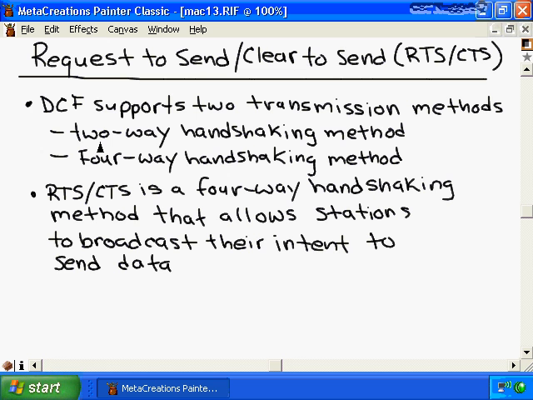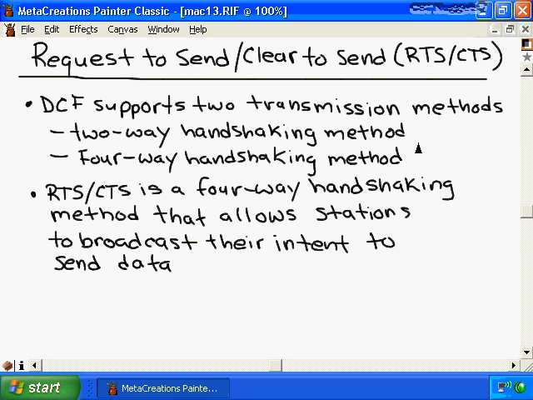Now, we've just learned about the 2-way handshaking method, which is the process that the clients go through to gain access to the wireless medium and then wait for an acknowledgement to be sent back for the data that they had sent. So the first step is gaining access to the medium, and then the second part of the handshake of sending the data is waiting for the acknowledgement back.